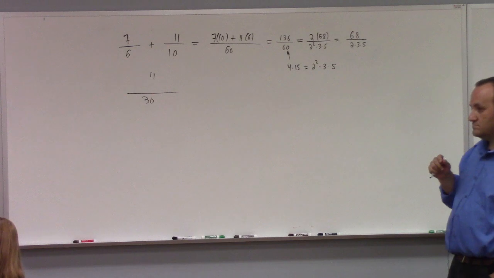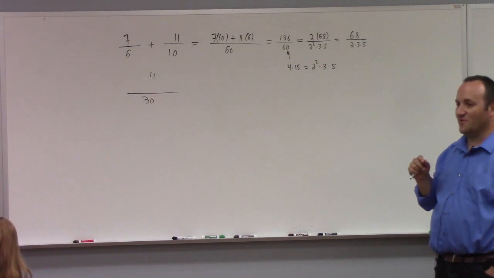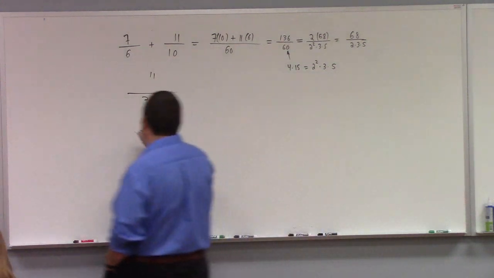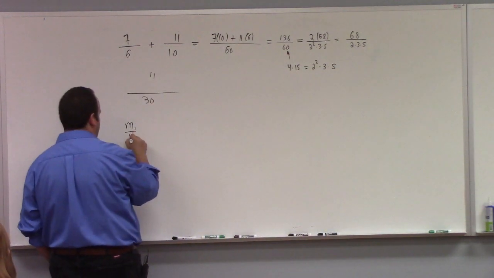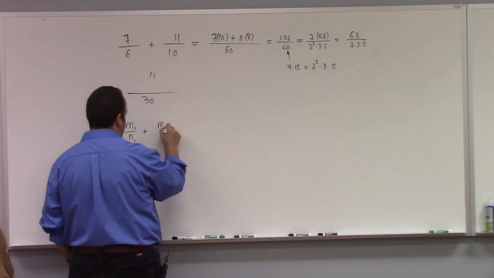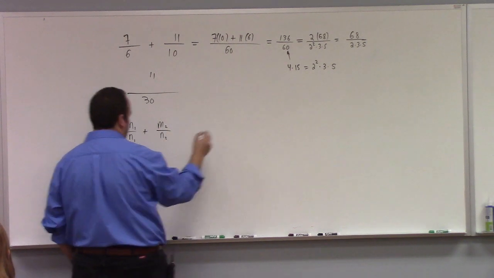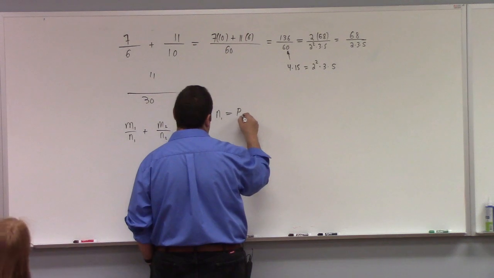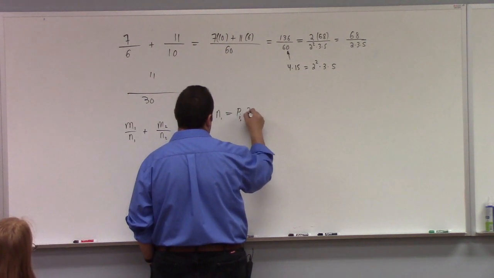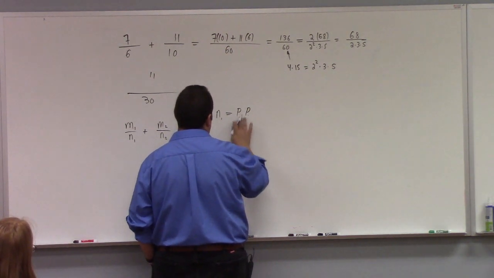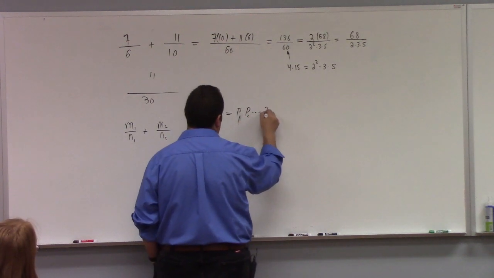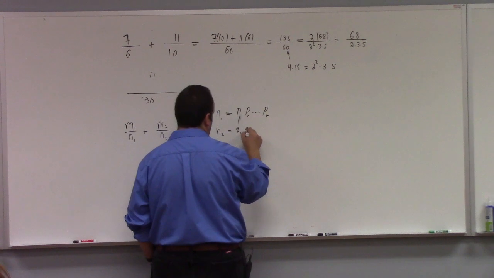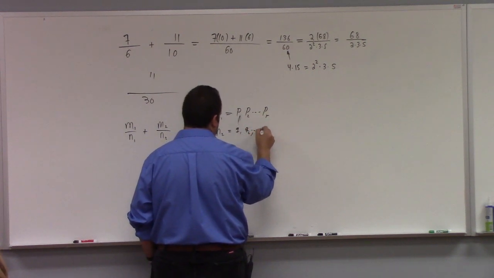So we can't just pick real examples? No. I'm illustrating the pattern. What you want to do is something like, you've got m over n, m1 over n1 plus m2 over n2, right? And you're going to need to do something like n1 is p1, p2, through pr, and n2 is q1, q2, through qr.